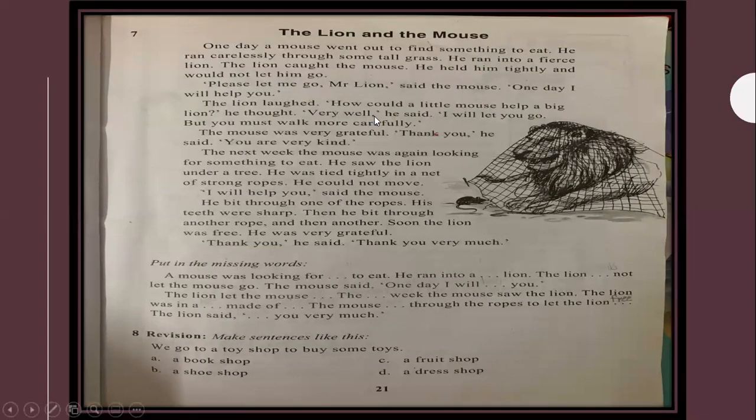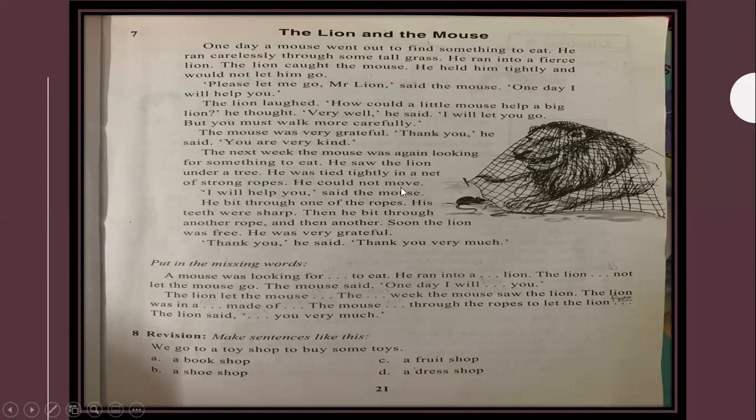"Very well," he said. "I will let you go, but you must walk more carefully." The mouse was very grateful. "Thank you," he said. "You are very kind." The next week, the mouse was again looking for something to eat. He saw the lion under a tree. He was tied tightly in a net of strong ropes.